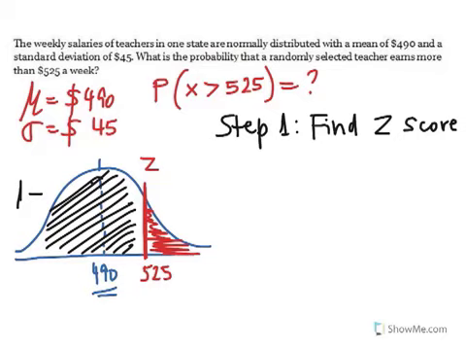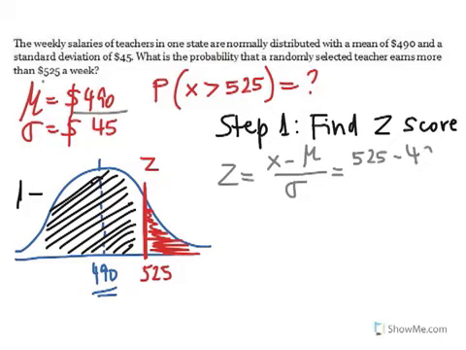So step 1 is to find the z-score, right? Z-score will be equal to x minus mu over standard deviation. In this case, we know x. X is 525, minus mu, that's 490, over standard deviation is 45, right?